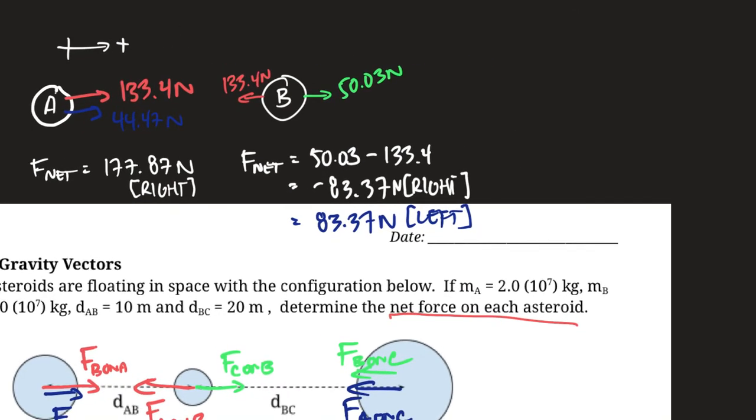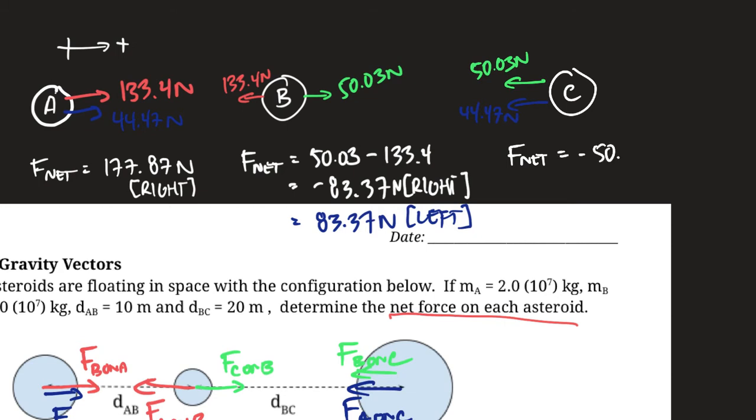Well, both those forces are acting in the same direction, so we should be able to figure it out. Again, we have the green force pulling it to the left by 50.03 newtons, and we have the blue force pulling it to the left from asteroid A at 44.47 newtons. So both of those forces, if we just keep our positives to the right, it'll be two negatives.